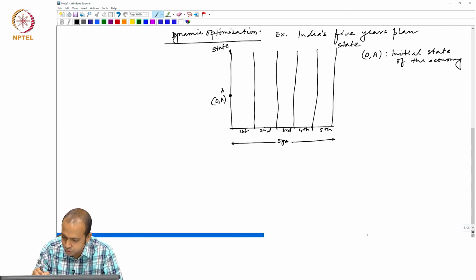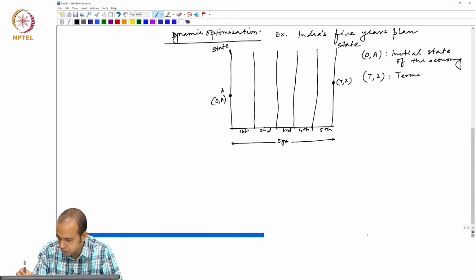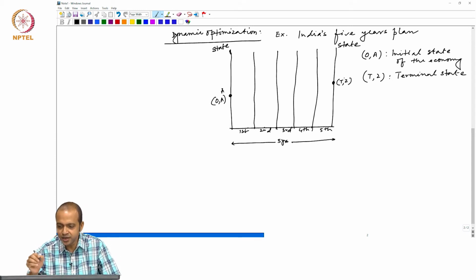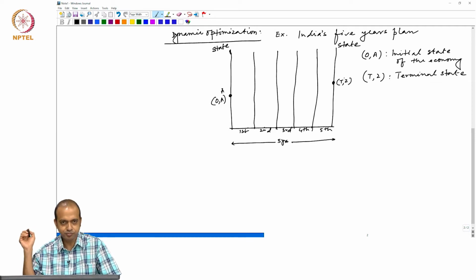And let us say the economy is trying to achieve here, denoted by TZ. That means TZ indicates the terminal state. T indicates time and Z indicates capital stock at the terminal state.